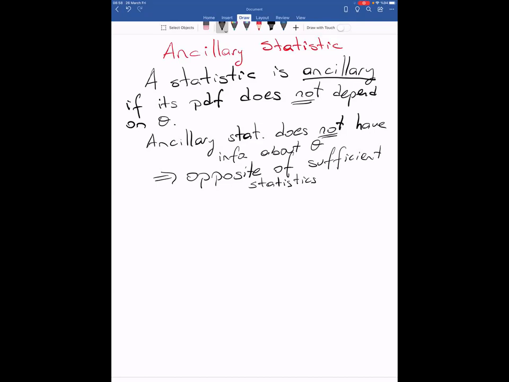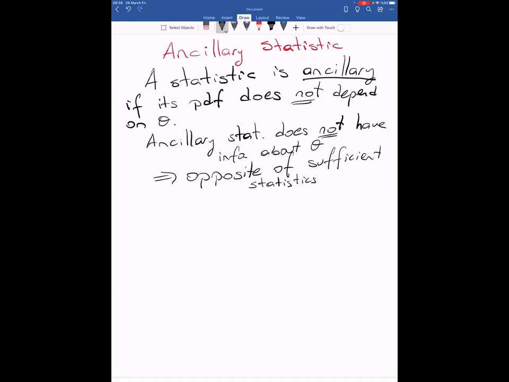If it is second order, then the second moment does not depend on theta. But if our statistic is totally ancillary, its distribution does not depend on theta, so none of the moments of that statistic depend on theta.